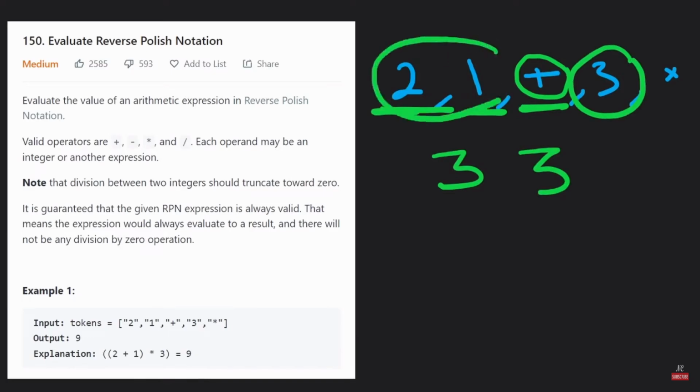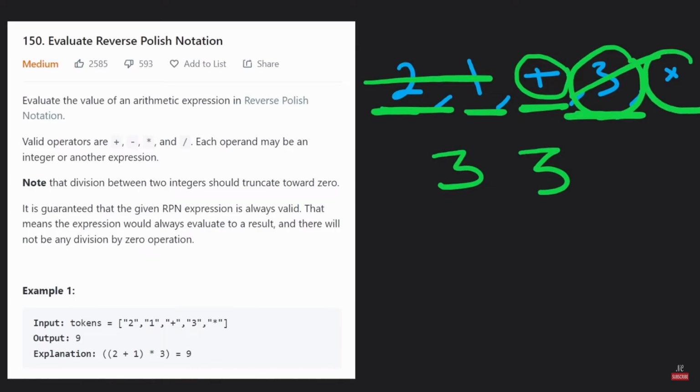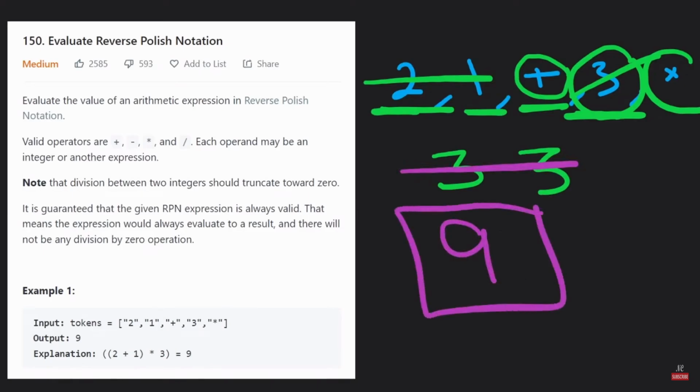But remember, this 2 and this 1, they were replaced by this 3. And then we had a second 3, which we wrote down here. So this multiply is going to be applied to these two values, so we can multiply both of them and then replace them with the result, which in this case is going to be a 9. So you can see that that is our result, and you can see that it is correct.